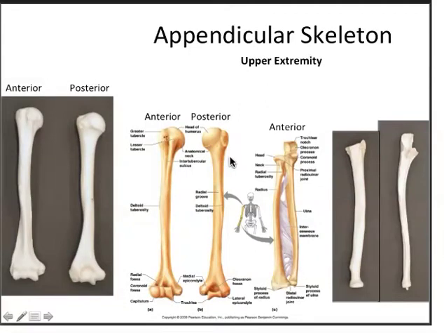And then over here, we've got the bones of the forearm, the ulna shown here, and the radius shown here. What's interesting about these is that these bones will roll over the top of each other.